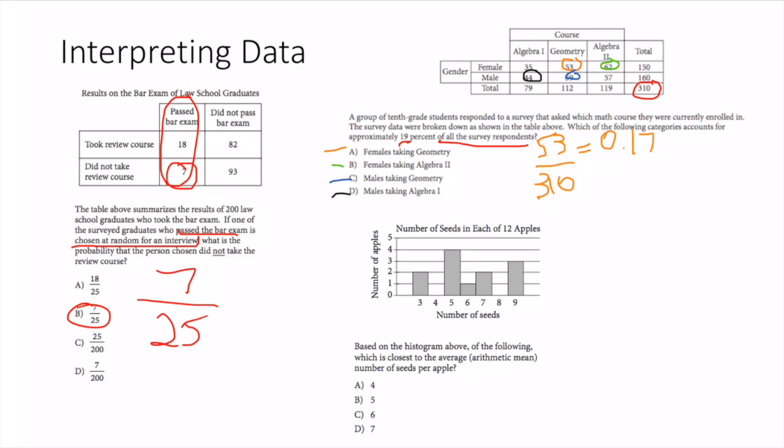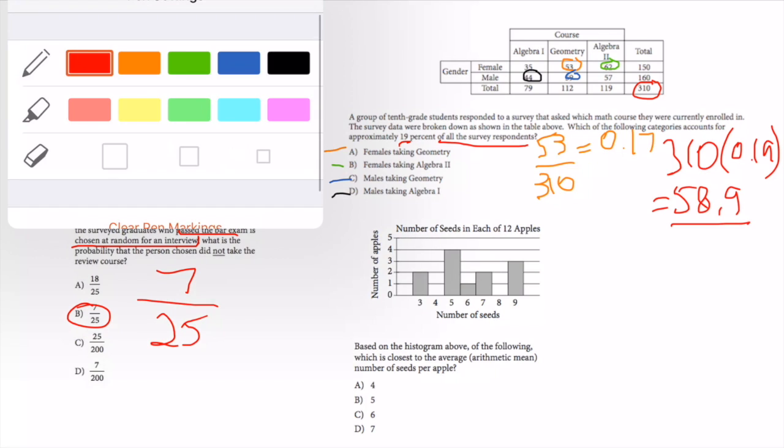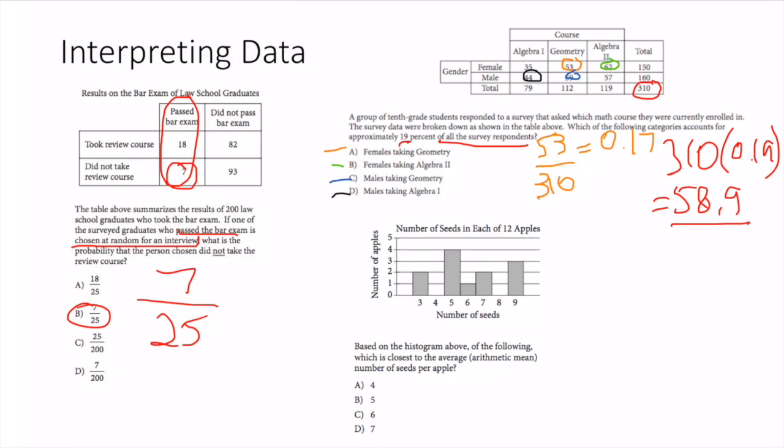The faster way to do it is I'll just take 310 and multiply it by 19%. It'll give me 58.9. I'm looking at which of these numbers is closest to 58.9, and when doing that, I know that males taking geometry is 59.